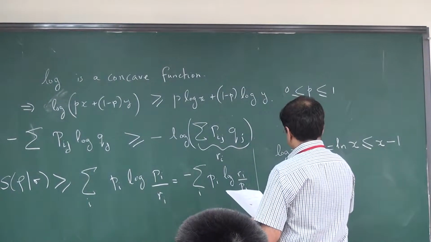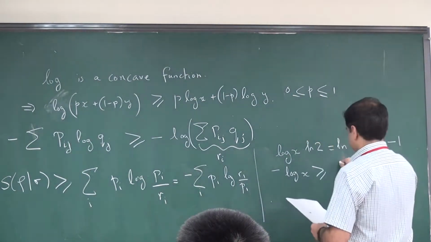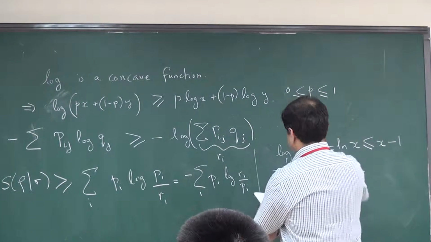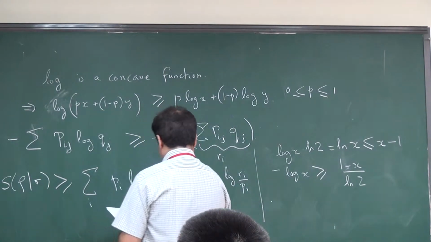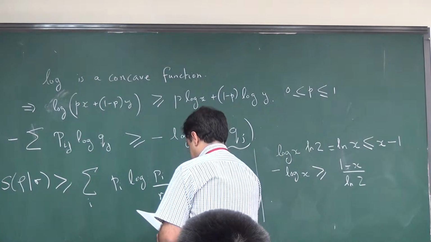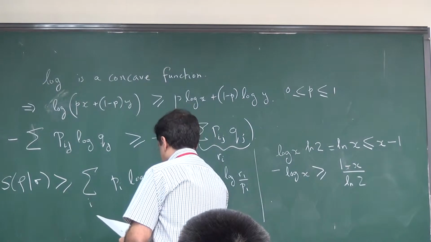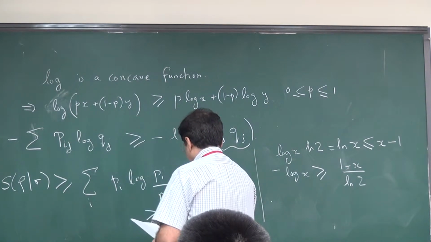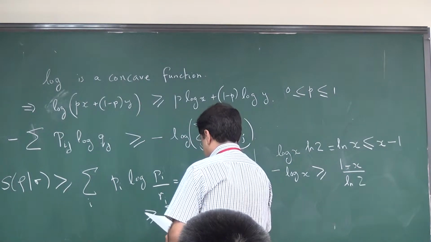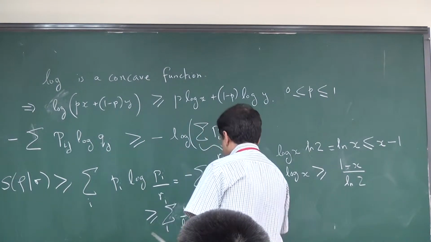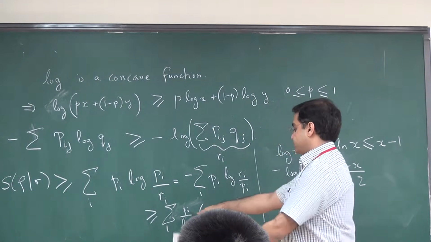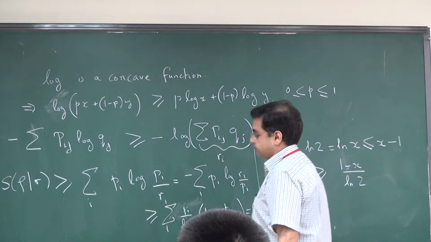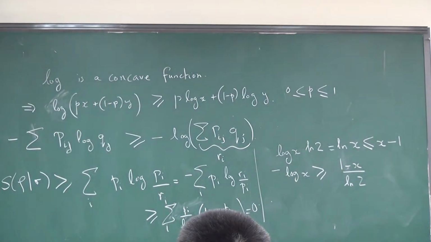So that means that minus log of x is bigger than or equal to (1 minus x) over ln 2. Using that, this quantity becomes bigger than or equal to summation over i of p_i divided by ln 2, times (1 minus r_i over p_i). Then pull this p_i through, the summation over p_i is 1, the summation over r_i is 1, so this is greater than or equal to 0. Okay, so that completes it.